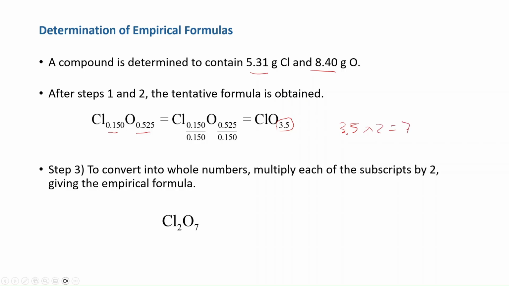That's a whole number. Always begin times 1, times 2, times 3. Because if you multiply times 4, you still get a whole number, but that's not the correct answer. So you begin with 2. Now, this doesn't say, but you know that's a 1. So you have 2 chlorines and 7 oxygens. That is your empirical formula.